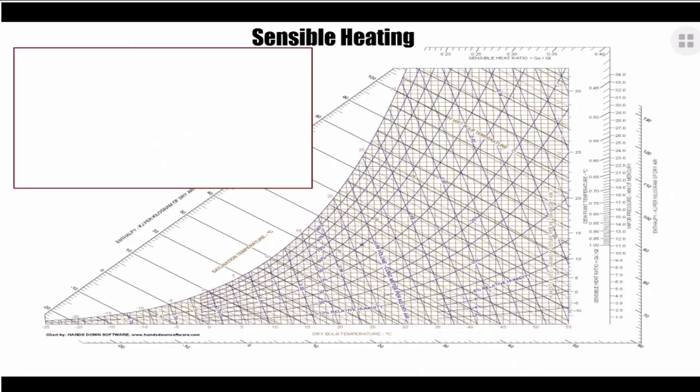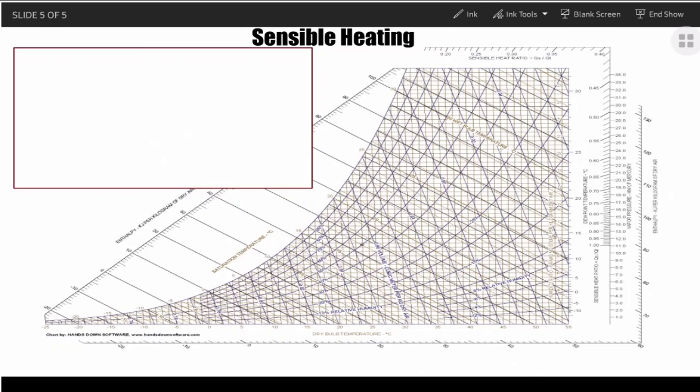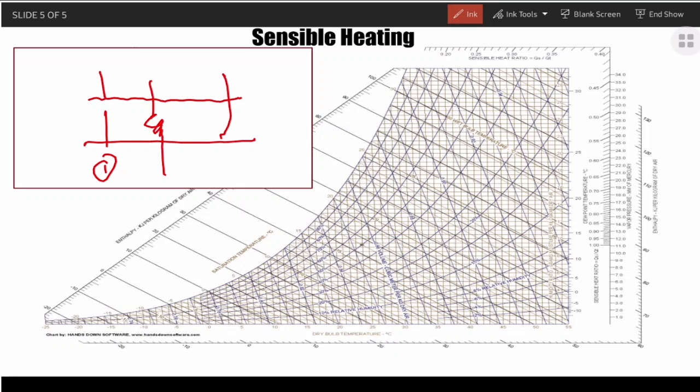So again, we make a system, and this time it is heating. That one, we have boundary 1. And this is the heating coil. This is boundary 2. So a mass of air 1 enters the system with a dry bulb temperature 1, humidity ratio 1, relative humidity 1, enthalpy 1, specific volume 1.